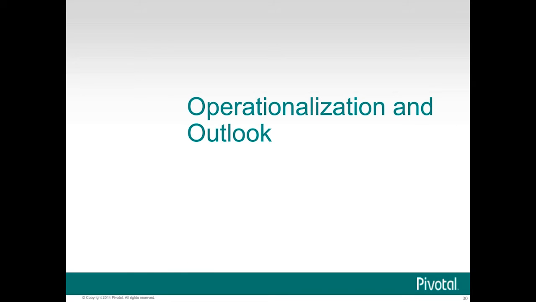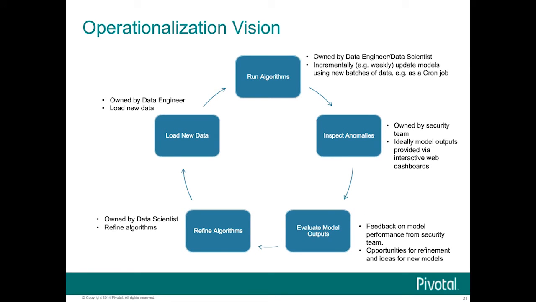These are the two models that we have used to address this particular problem: sequential pattern mining and graph algorithms. So let's look into how to operationalize this model when we are running it across an industry setting. The first step is to load data. That is typically owned by a data engineer who loads new data.